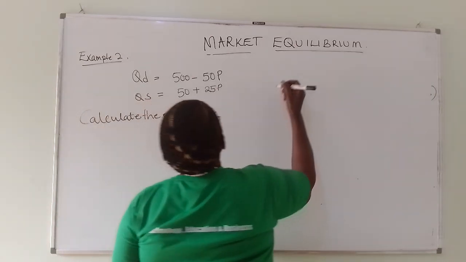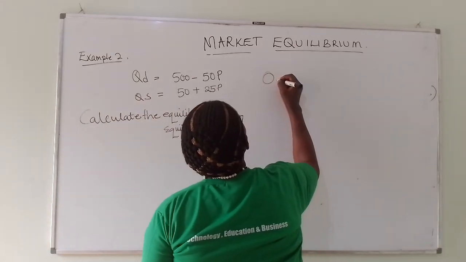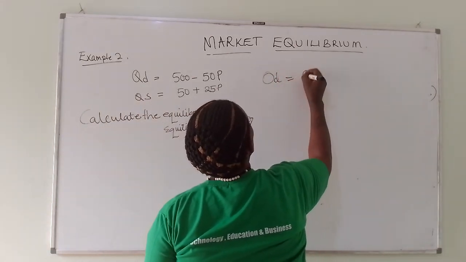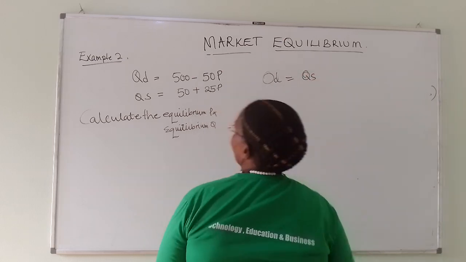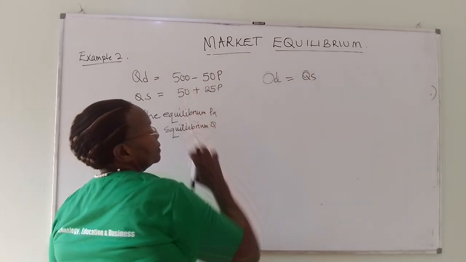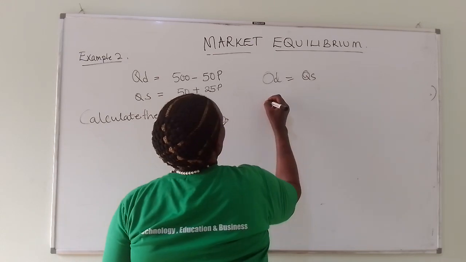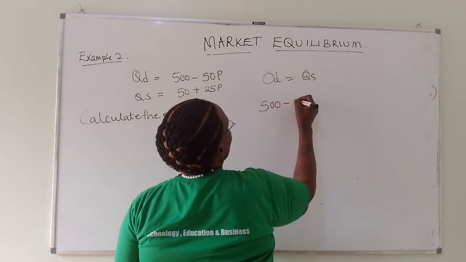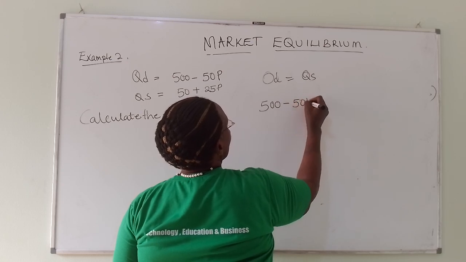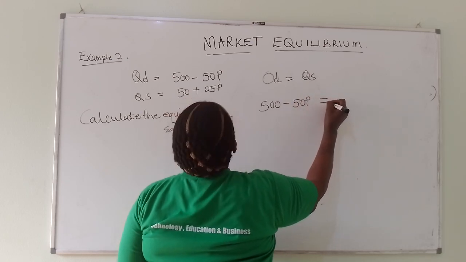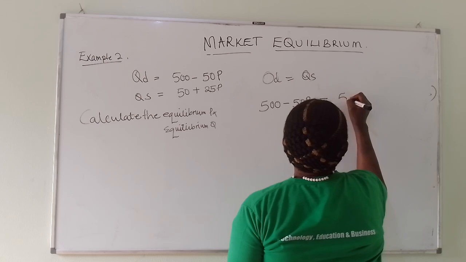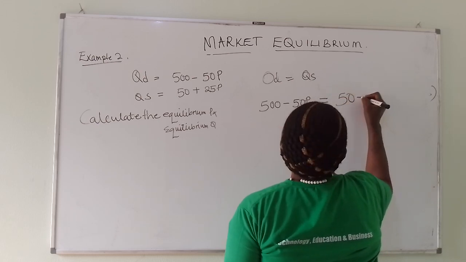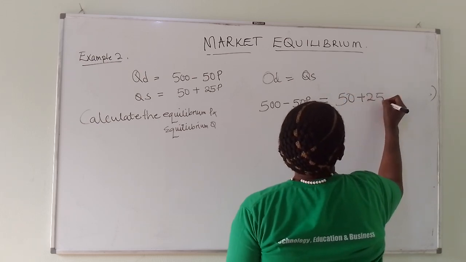So we have seen that to get an equilibrium, quantity demanded should be equal to quantity supplied. So equate these two, where you find that quantity demanded is 500 minus 50p. It should be equal to 50 plus 25p.